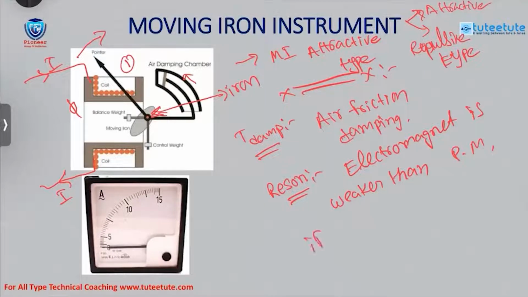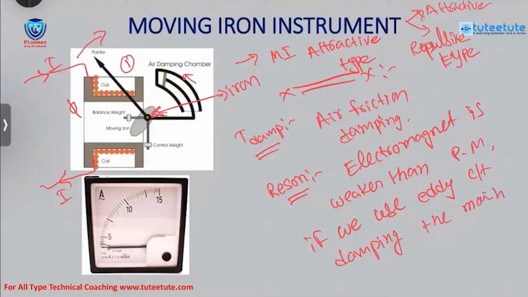If we use eddy current damping, the main reading, or main deflection, may get disturbed.